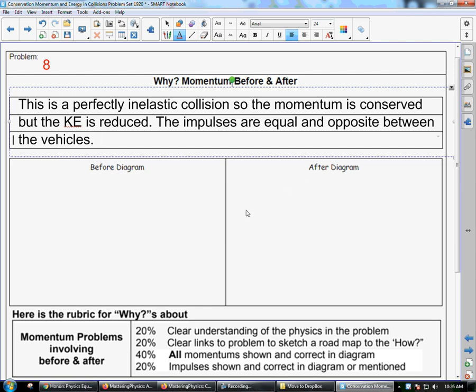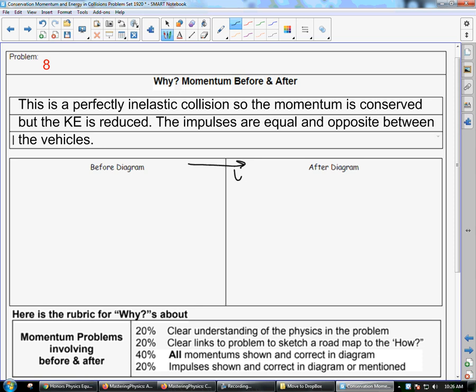All right. So now I need to do my momentum diagrams. So I'm going to take that direction as west, and I'm going to call that direction positive.